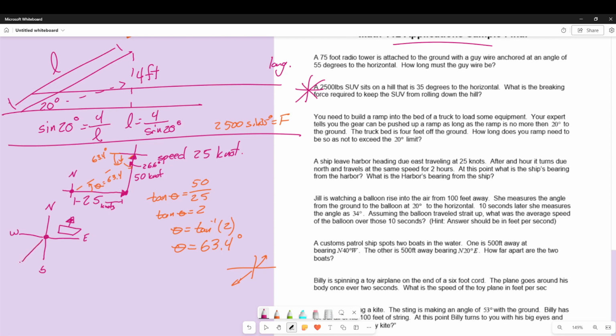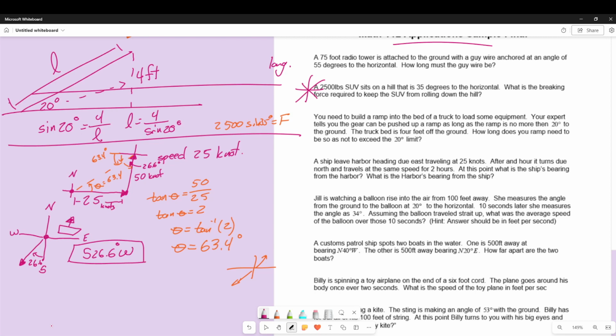So we have to head that way. Our bearing would be face south and turn 26.6 degrees towards the west. So that would be our bearing to head back to the harbor.